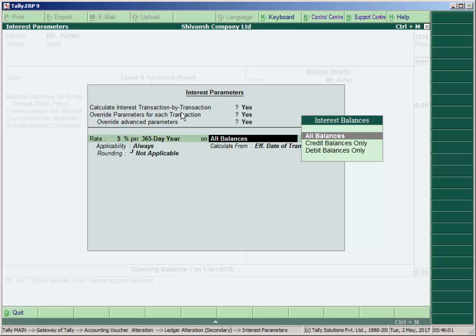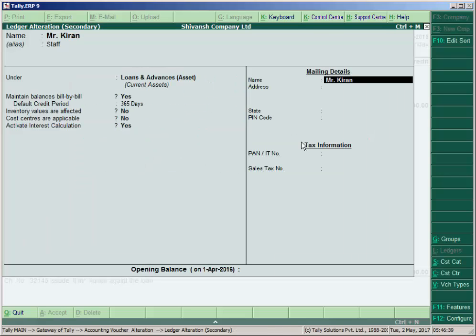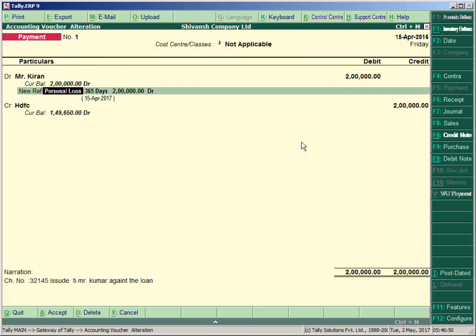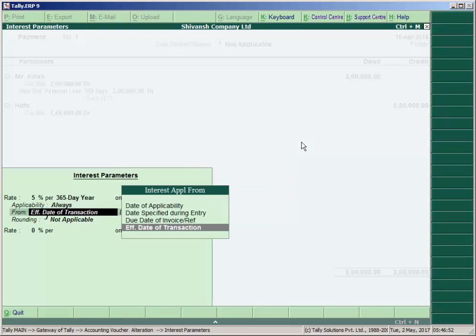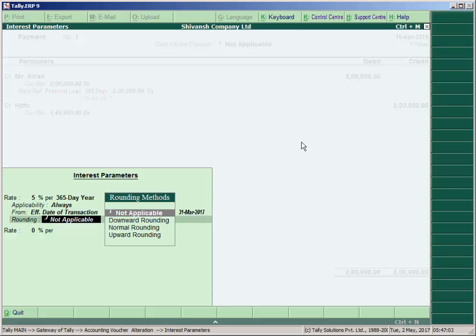We already know about the interest calculation in another session. So for details about the interest calculation topic, see my interest calculation session. Then enter the effective date of the transaction, 15th April to 31st March.